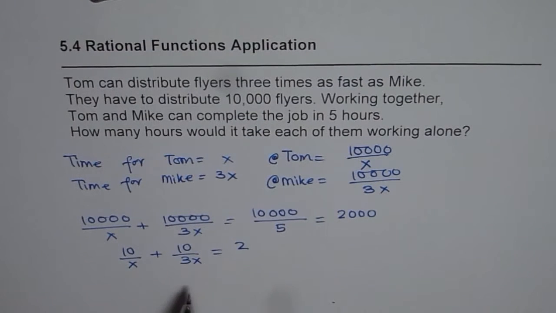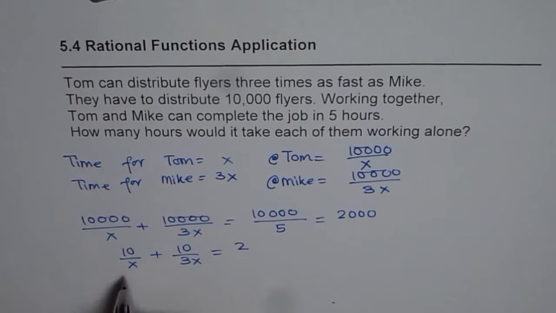Now to solve this, we can take a common denominator, or we can multiply both sides by the lowest common denominator, which is 3x. So if I multiply everything by 3x, what do I get?